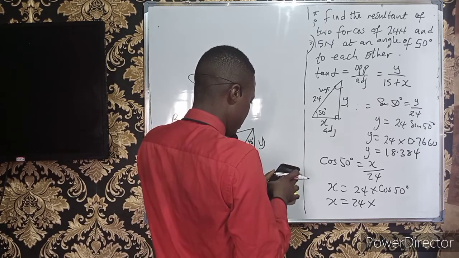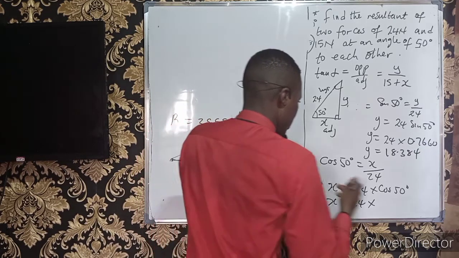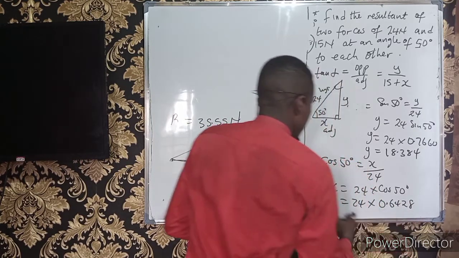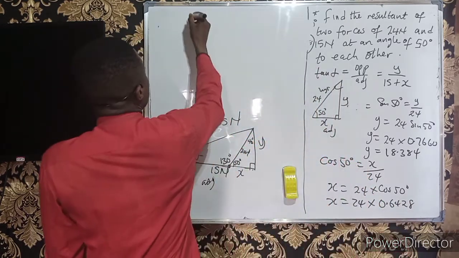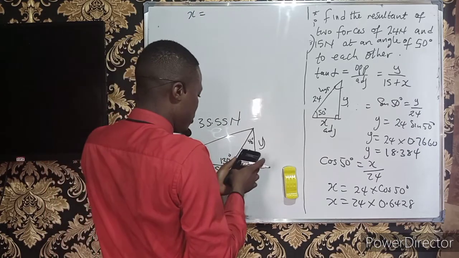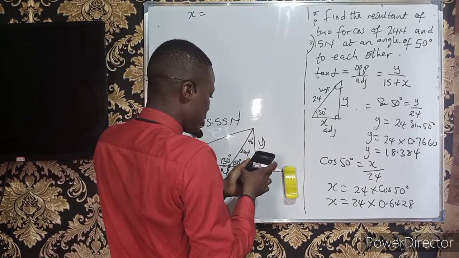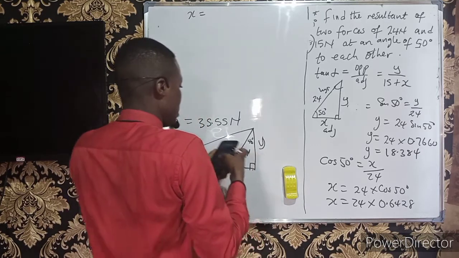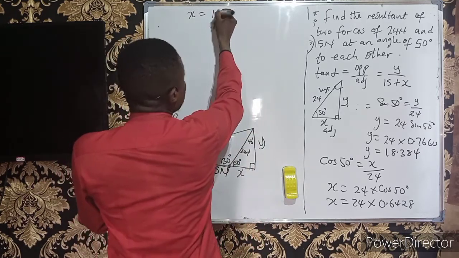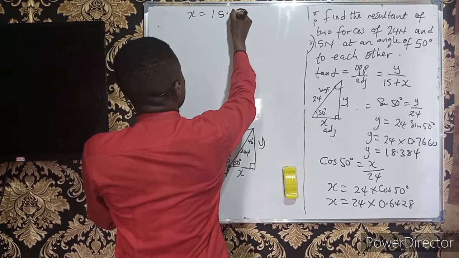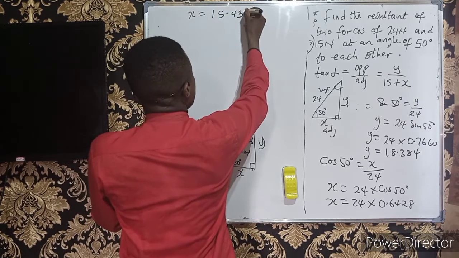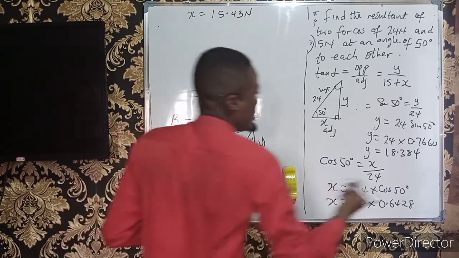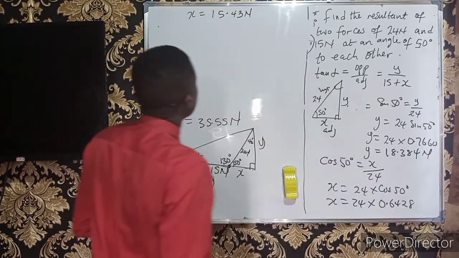Cos 50 will give us 0.6428. So multiply, x will now be 24 times 0.6428. That is 15.43 Newton. Okay, that is my y. This is Newton also. Okay, this is x.